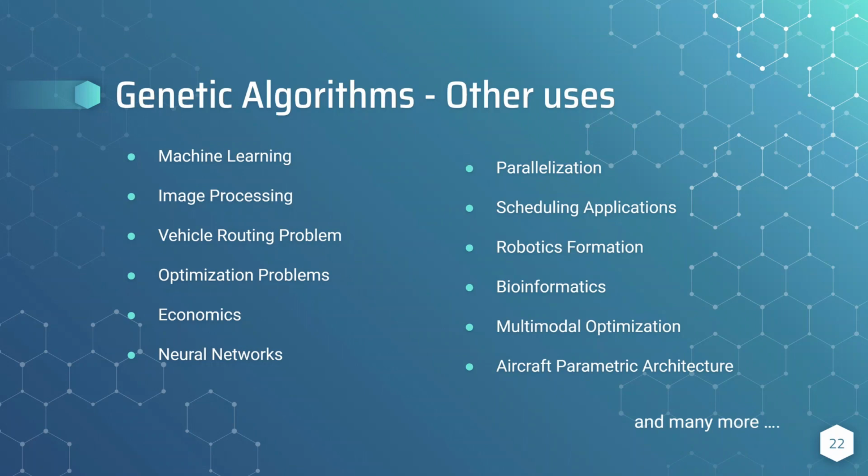It is used in parallelization as it has very good simultaneous functionalities and has proved to be a very useful way to solve such problems. Other uses include scheduling applications, robotics formation, bioinformatics, multimodal optimization, aircraft parametric architecture, and many more.